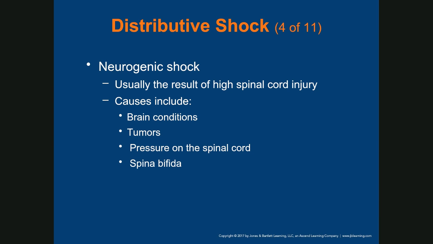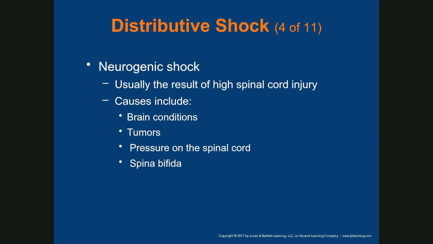You're not going to see cool, clammy skin for this patient. You're not going to see tachycardia for this patient. And if you see tachycardia, it's not going to last for very long because there is no sympathetic stimulation, right? So that is what is unique to neurogenic shock.